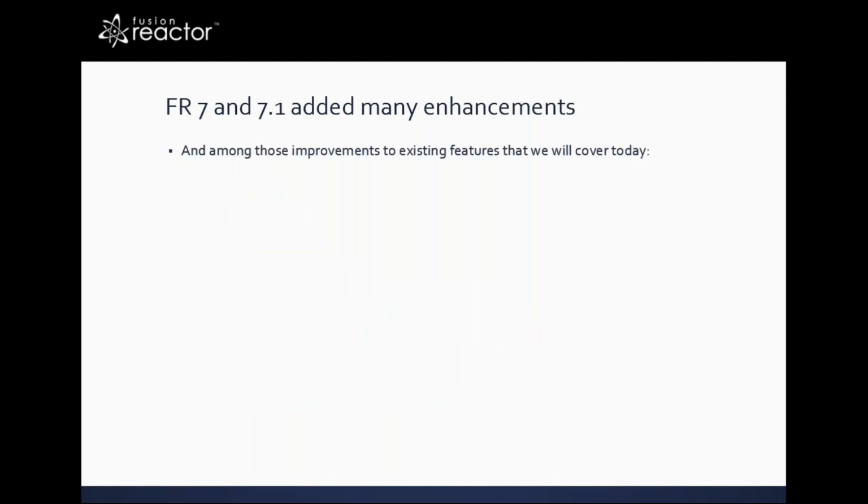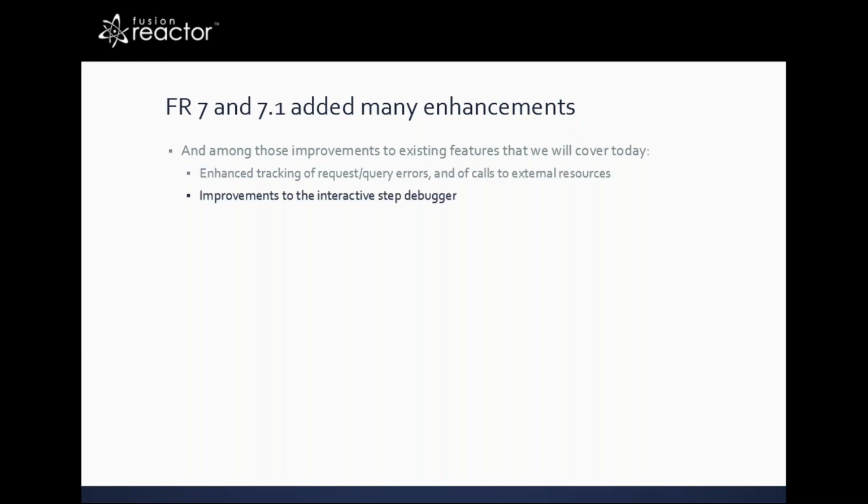And then I mentioned that there were enhancements, so we just quickly listed what was new. Now I want to talk briefly about what's improved to existing features. So you can look forward to this after we talk about the new things. We'll talk about enhanced tracking of request and query errors and enhanced tracking of calls to external resources. And I'll explain what both of those mean if it's not obvious to you at first.